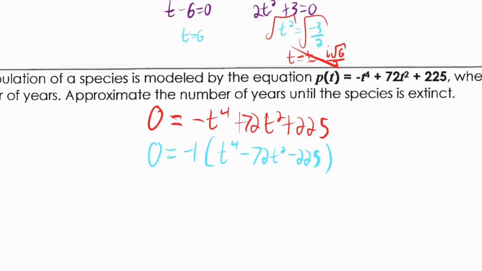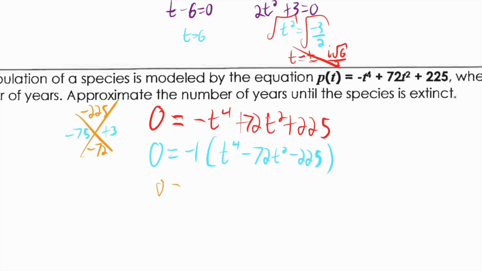And if I make the x here, negative 225, negative 72, let's see what would work. That would be negative 75 and positive 3. So I'd have -1, and I can use my shortcut since it's a 1t to the fourth.